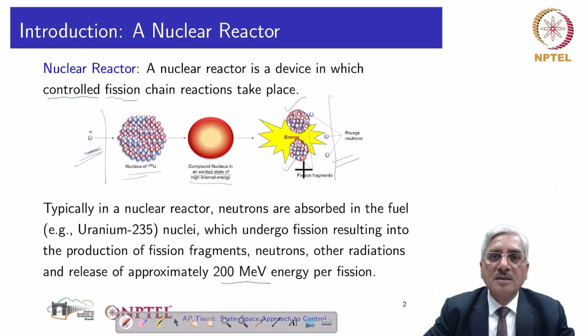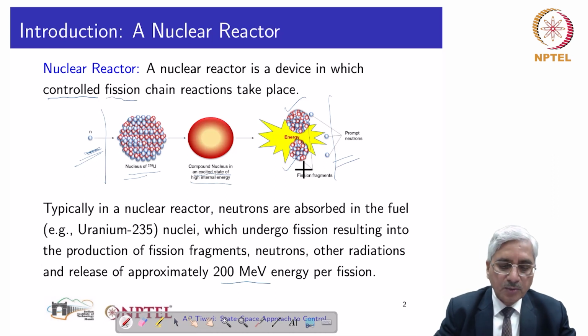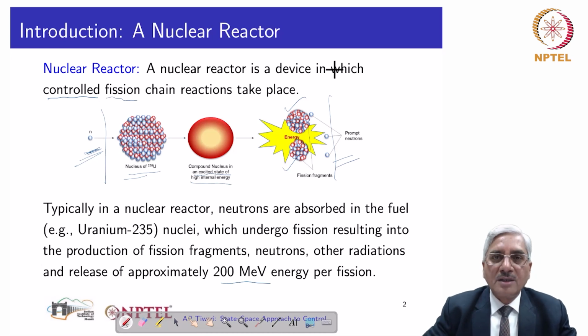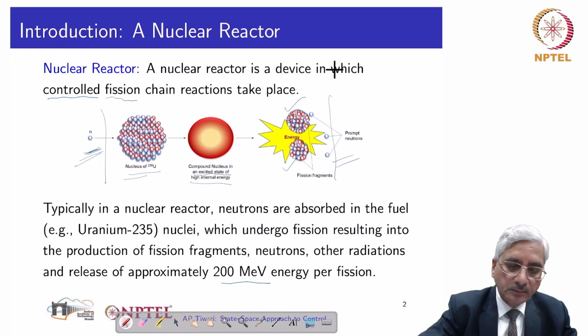And that is the ultimate aim of operation and control of a nuclear reactor. That is what we mean by sustaining or maintaining the chain reaction in a nuclear reactor.